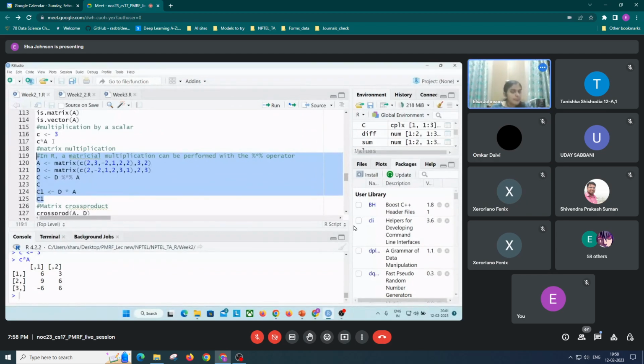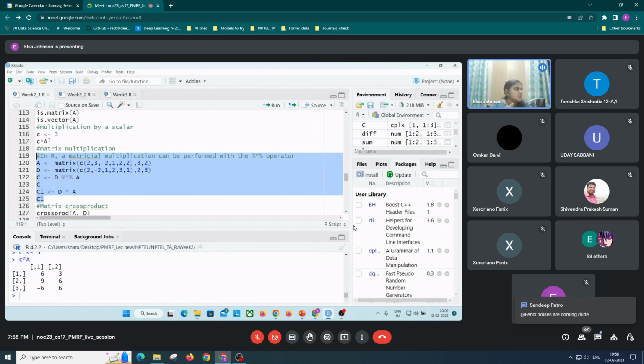Didn't get you, Phoenix. Is it necessary to assign a scalar in a variable and then multiply it to the matrix, or can we directly multiply a matrix by a scalar? I didn't understand.